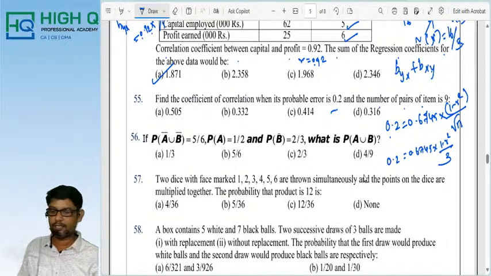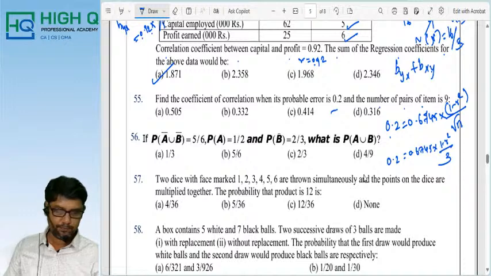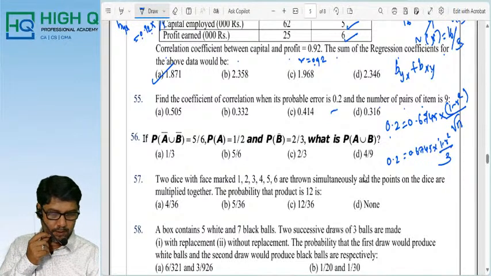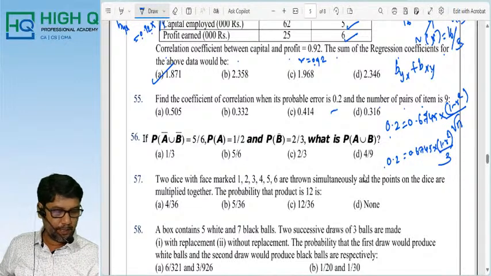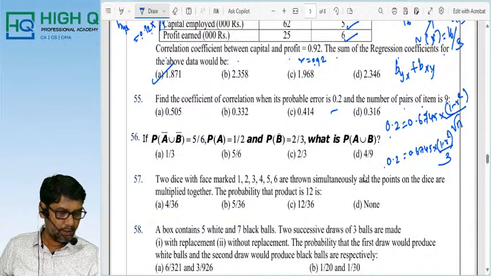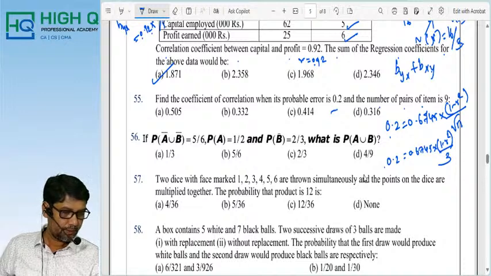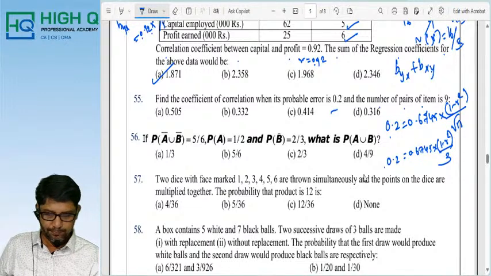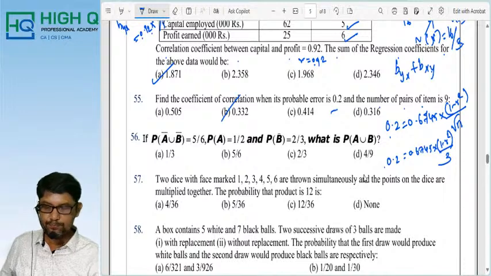Get the answer fast. Do what I am saying. 0.6 divided by 0.6745, minus 1 and its square root. 0.332.